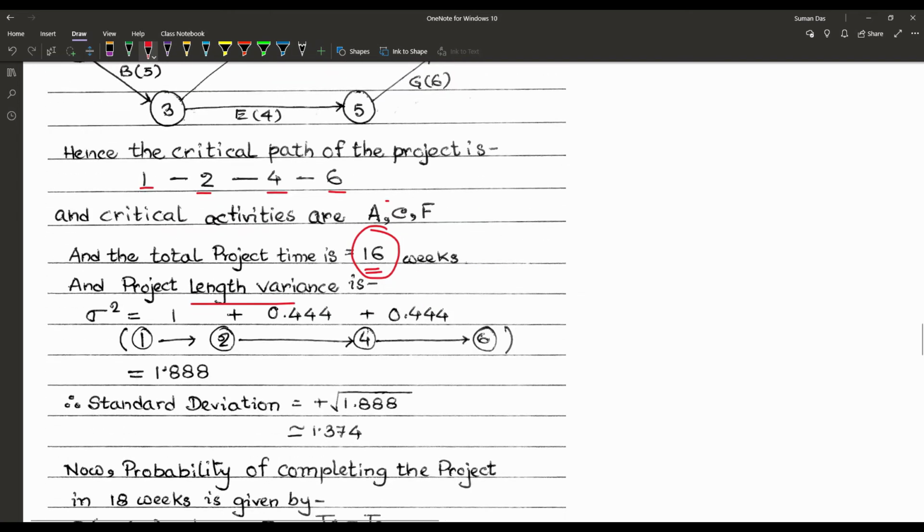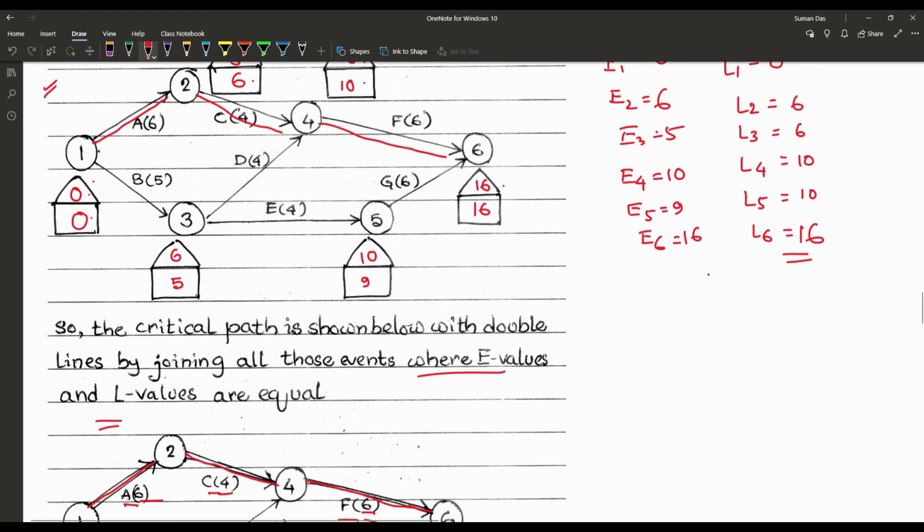Now to find out the project length variance we have the activities 1 to 2, 2 to 4 and 4 to 6. Let's check the table once again.